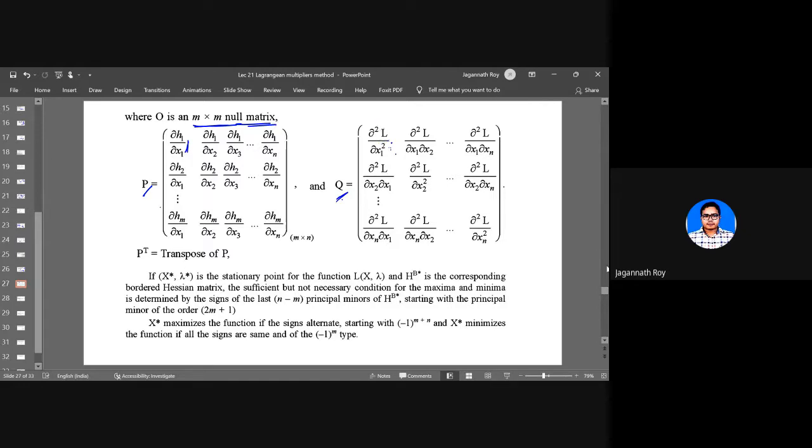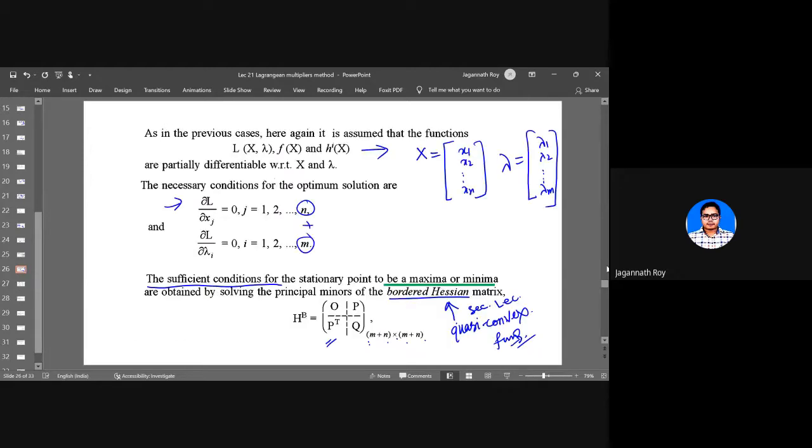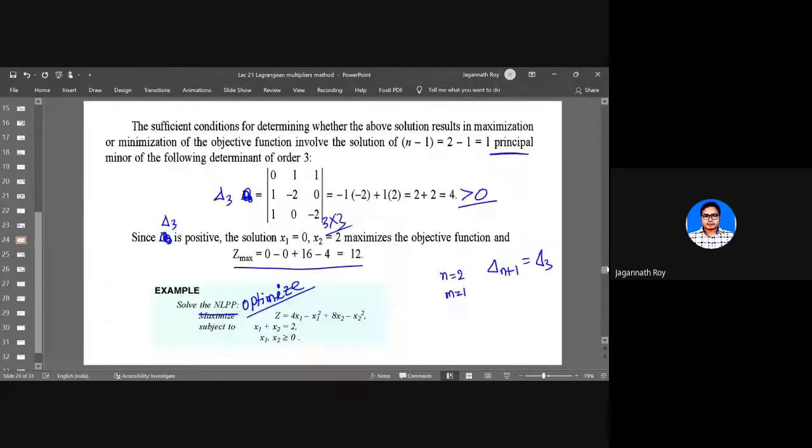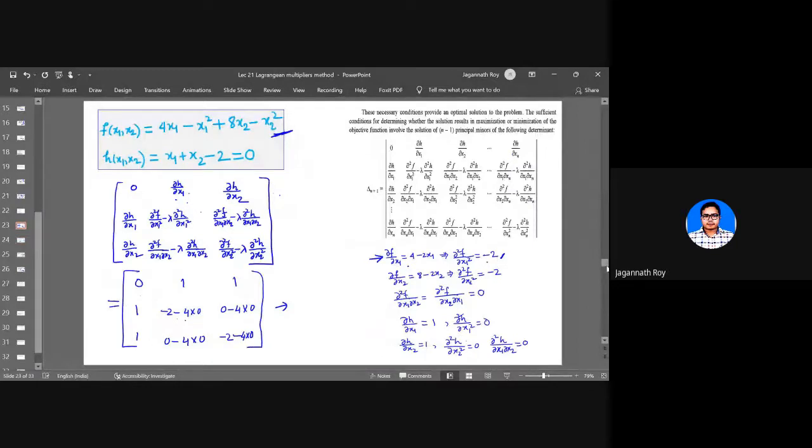So what we did earlier, if you remember, is that if we have only one constraint, we have only one row and one column with first order partial derivatives, and after that we have second order partial derivatives.